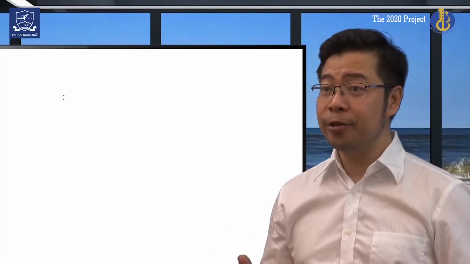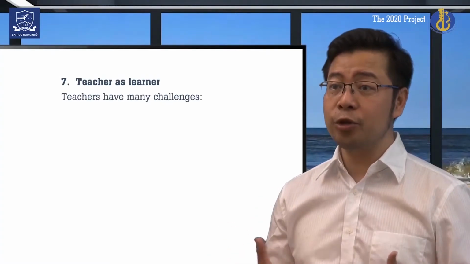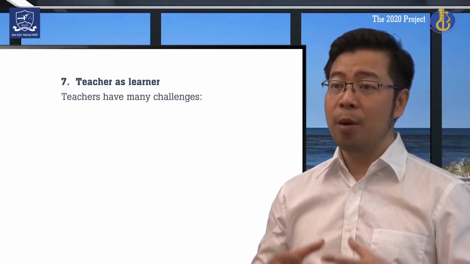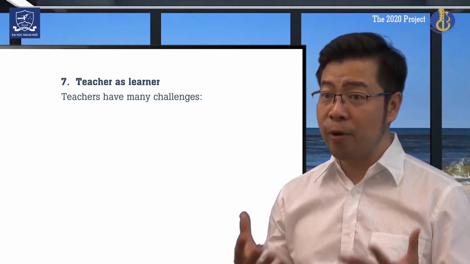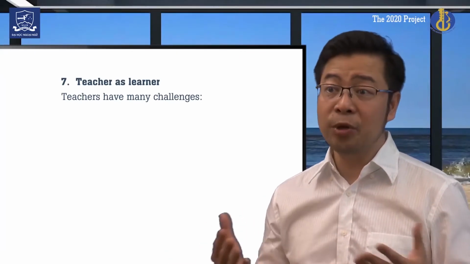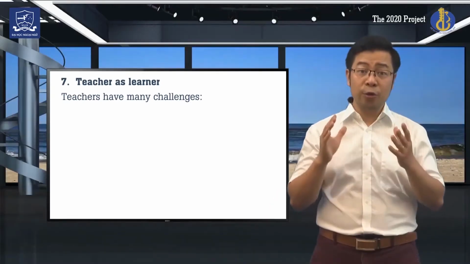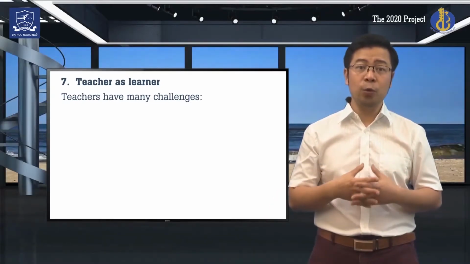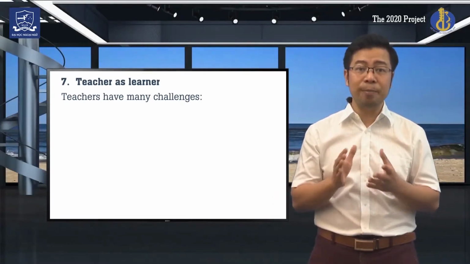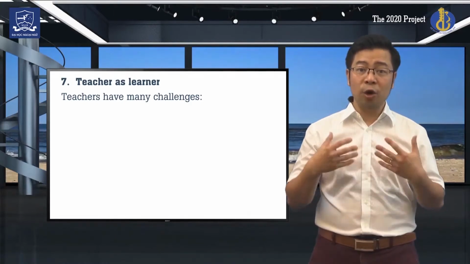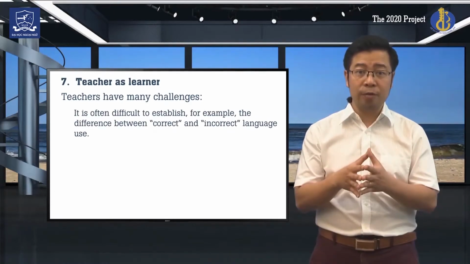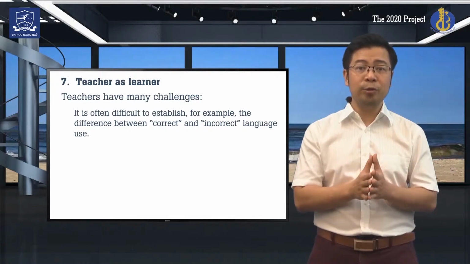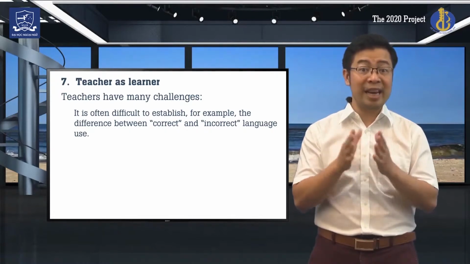For many teachers, opening up the classroom to the outside world presents as much of a threat as an opportunity. Their authority is challenged in a world of constantly changing patterns, when it is often difficult to establish, for example, the difference between correct and incorrect language use.